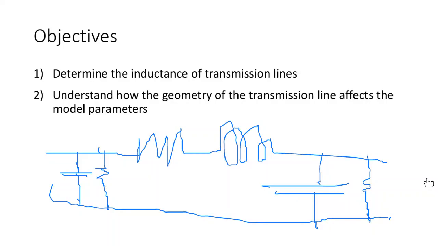All right, so what we want to do today is to determine the inductance of the transmission lines. That's very important. We will talk about maybe 2 lectures or so just for the inductance by itself. But the conductance we usually neglect. So if I asked you what parameters we can neglect, these are the type of questions. It's like interview questions.